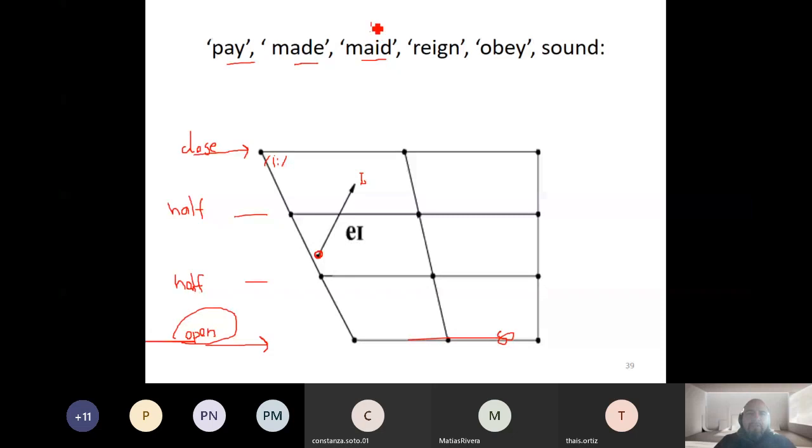which is, how do you call these two words that sound exactly the same? Made and made. Minimal pair. Pair. Good. Yes and no. Almost exactly.